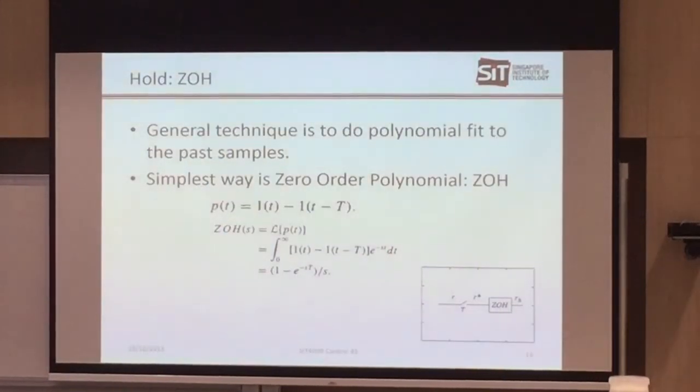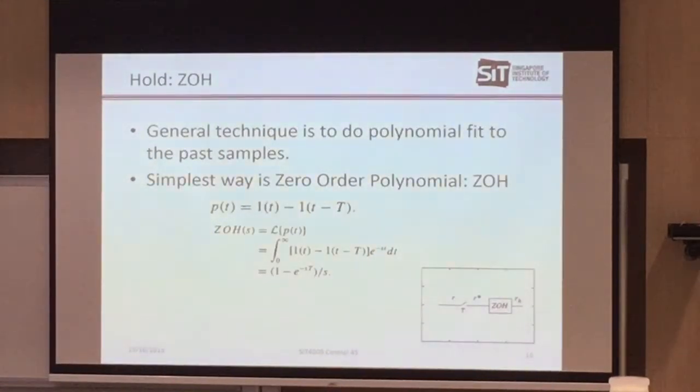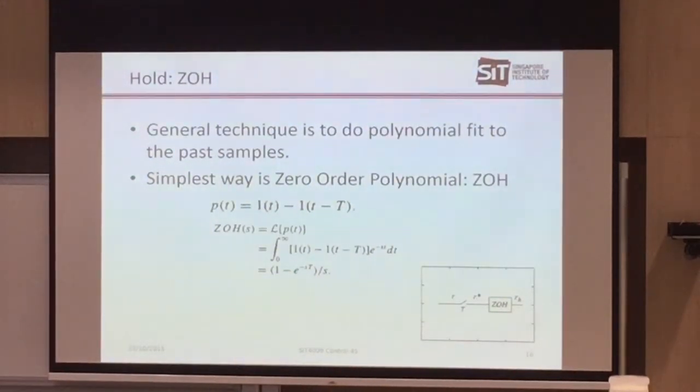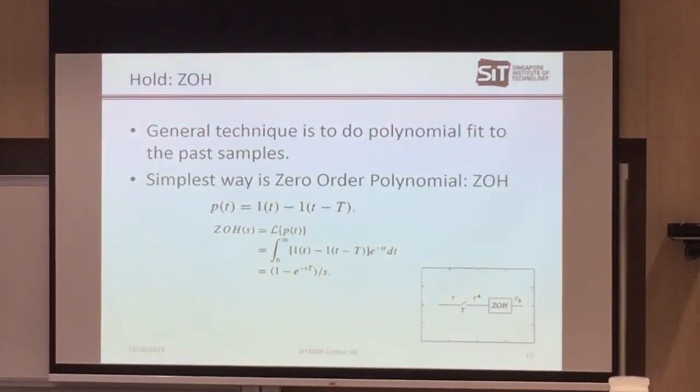Then how about the zero order hold? First of all, zero order hold is not an impulse, because you cannot do impulse for digital sampling until hold. Hold means you are going to keep your value constant.